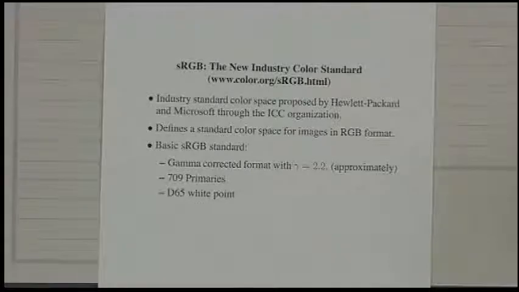So the problem is that anybody would buy a computer and set it up, and you could put three computers next to each other, and the same picture would look different on all three. The reason is that one's 9500, one's 6500 Kelvin, and the other one's 5000 Kelvin. So the whole idea behind sRGB was, let's try to standardize on what we think a standard viewing condition would be, which is 6500 Kelvin, the Rec 709 primaries, with a gamma of 2.2.